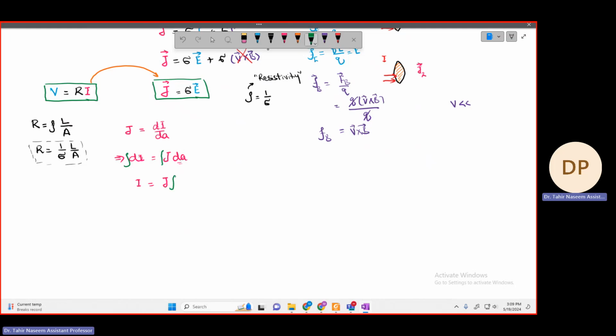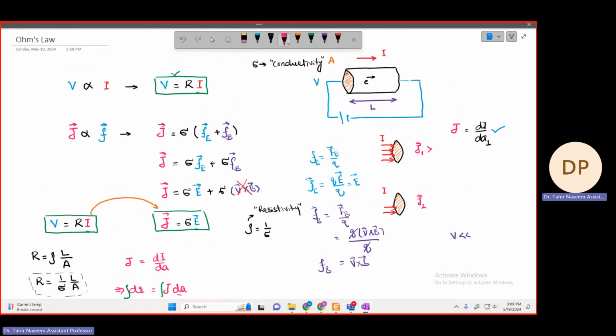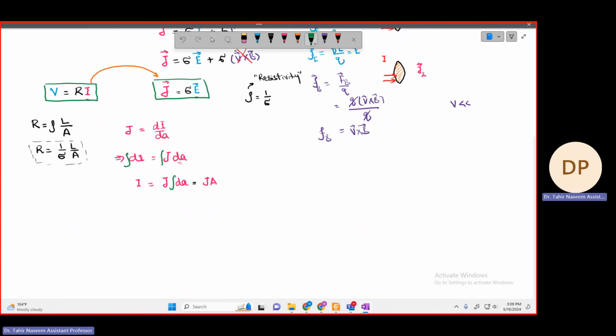We have integration over this area, so it will give me the area of the wire, in this case J A. So I'm integrating on this surface, and the integration of dA will give me the total surface area A. Okay, so I have I in form of J.